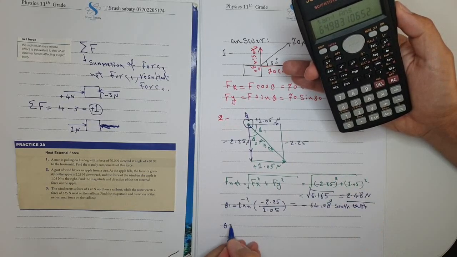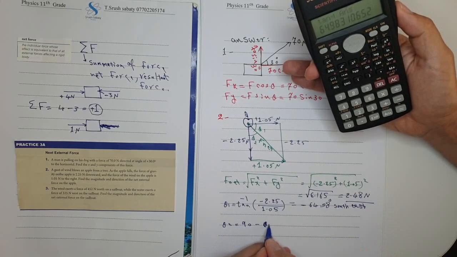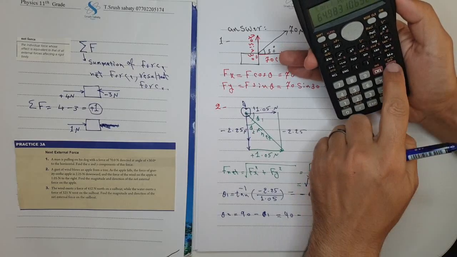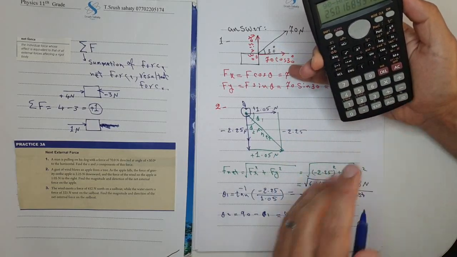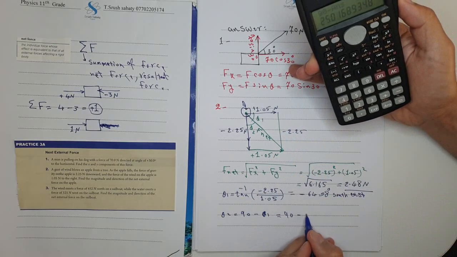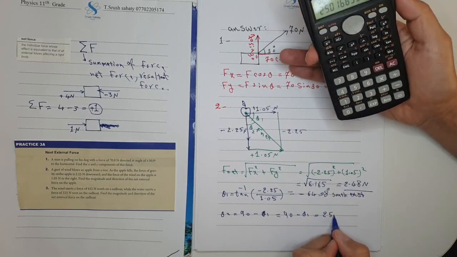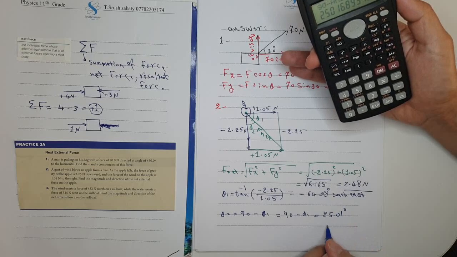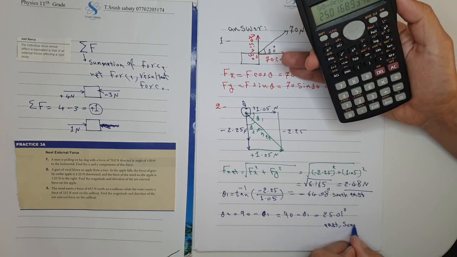And what about theta 2? Theta 2 is equal to 90 minus theta 1. 90 minus the answer, so theta 2 is equal to 25.01 degree toward east south.